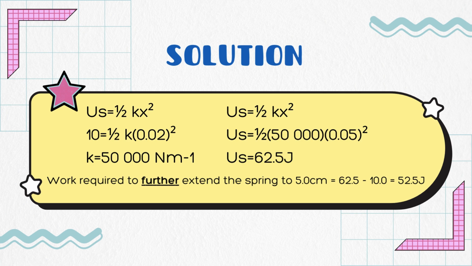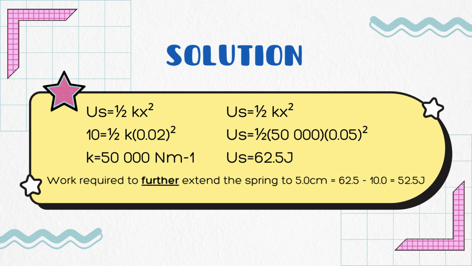And we'll get the spring constant equals 50,000 Newton per meter. By using this value, we can calculate the work required to extend the same spring to 5 cm, which is 62.5 joule.